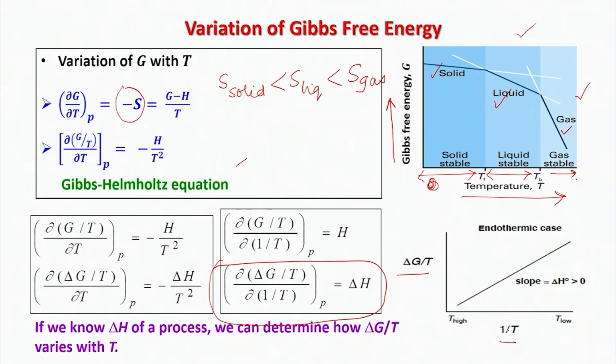So what I find is within the temperature range that we are talking about, usually this is a straight line where if you have an endothermic reaction for which delta H is greater than 0, this is going to be a straight line with a positive slope.